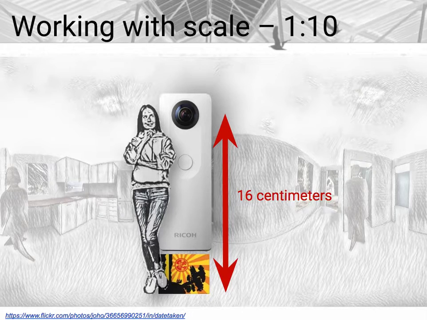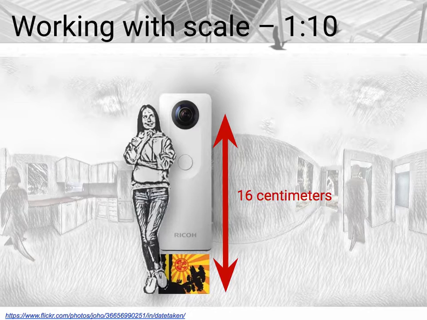If you build the model in scale 1 to 10, then in this case the camera is placed on top of a small box of matches. So the distance between the bottom and the middle of the lens will be approximately 16 centimeters.